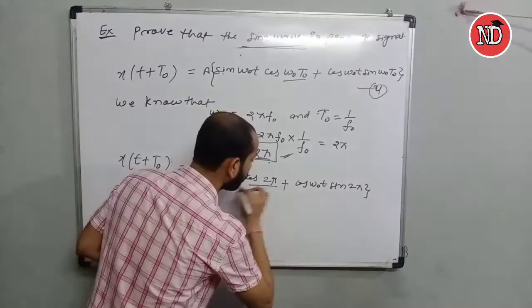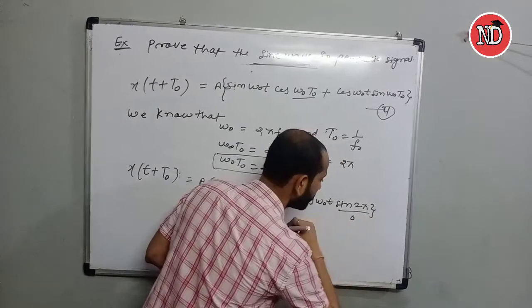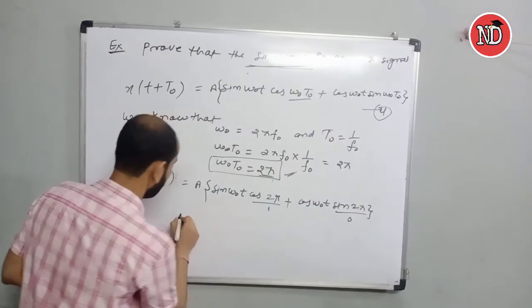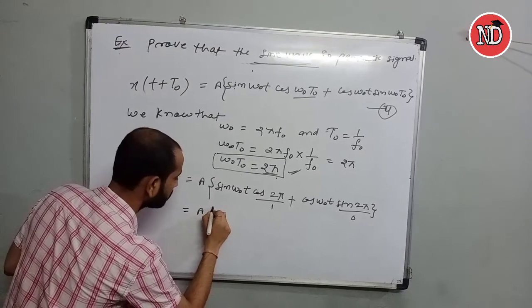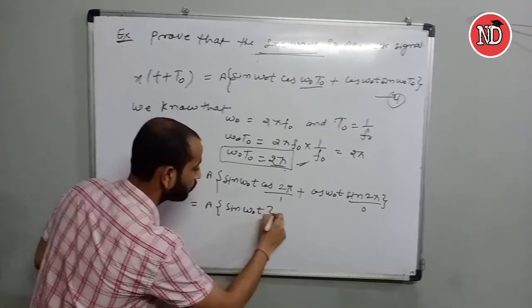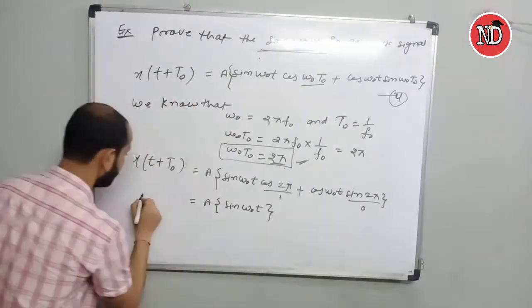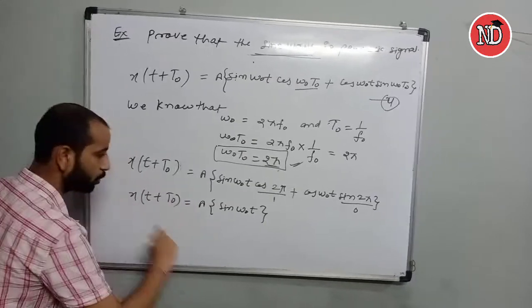Here cos 2 pi is 1 and sin 2 pi is 0. We have A sin omega 0 t. Here x of t plus T0.